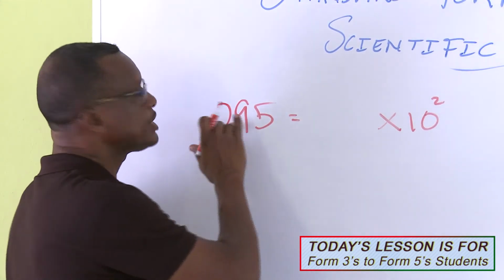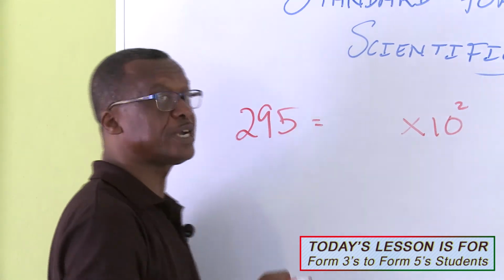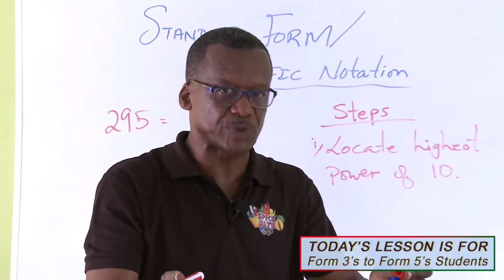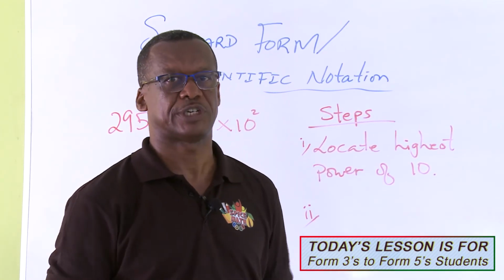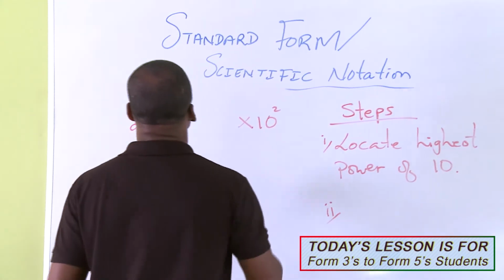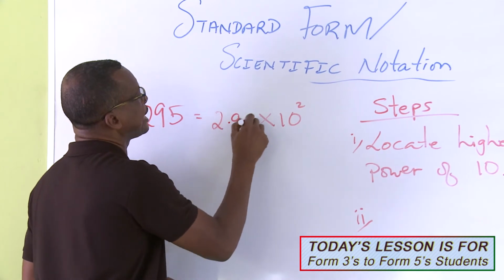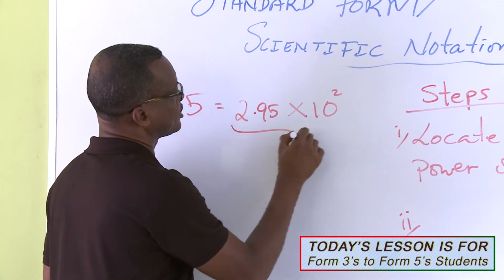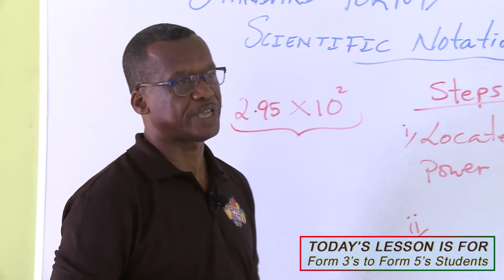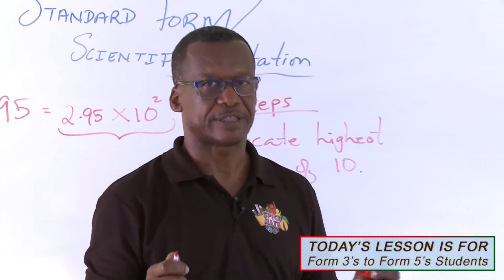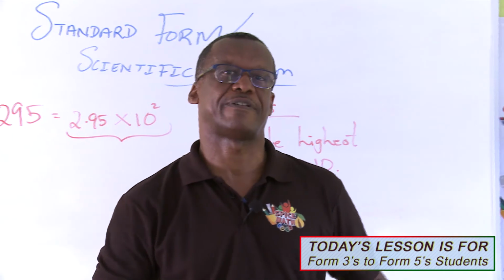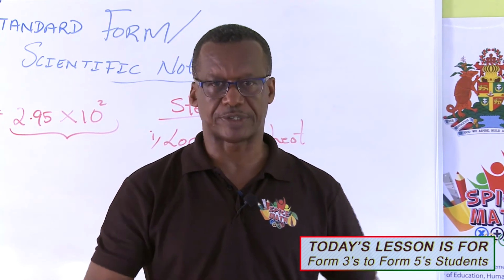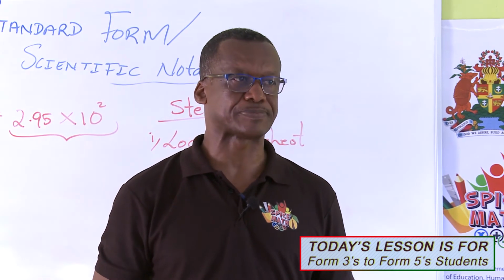Because when the point is placed here, we get 2.95, which fits within the range that we spoke about. So 2.95 multiplied by 10 to the power of 2, and that gives us our answer. We have expressed the number 295 in scientific notation. In other words, in standard form.